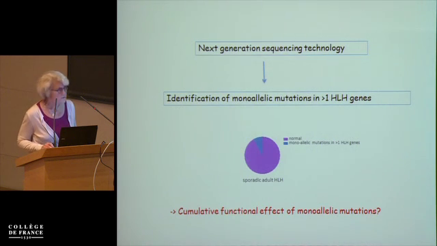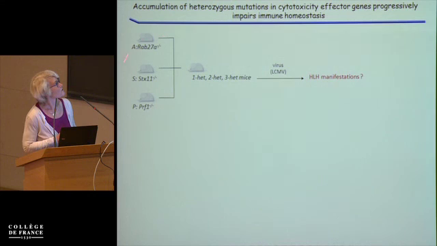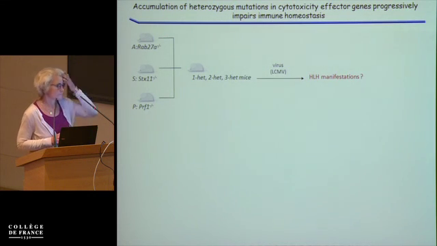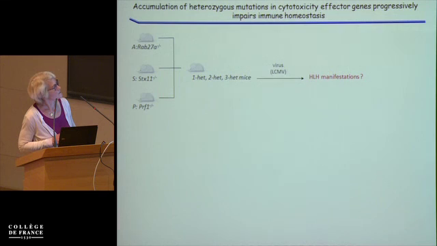This concept is difficult to demonstrate in human, but we used murine models of HLH with a cytotoxic defect, and by intercrossing these mice, we generated mice with a monoallelic mutation in one or a combination of 2 or 3 genes which affect the cytotoxic pathway, and looked whether LCMV infection would induce immune disturbance.